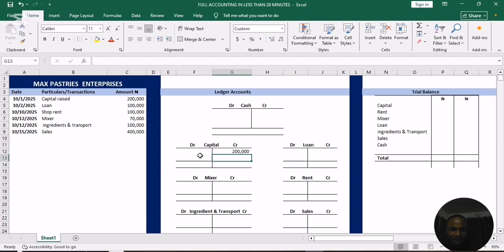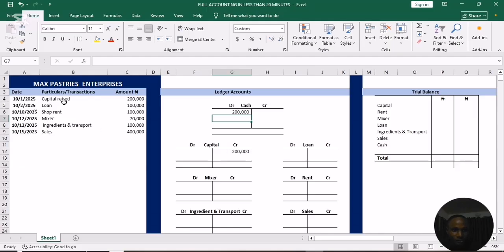Then the corresponding debit entry should be in the cash. So we put it up here, hit our equal to, then hit the amount of the capital. Correct. As you can see, we've made the double entry for this transaction.